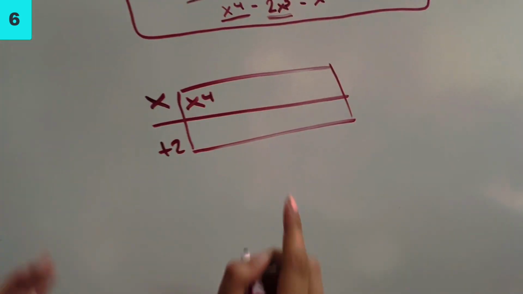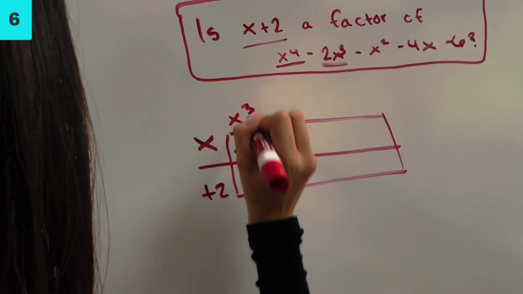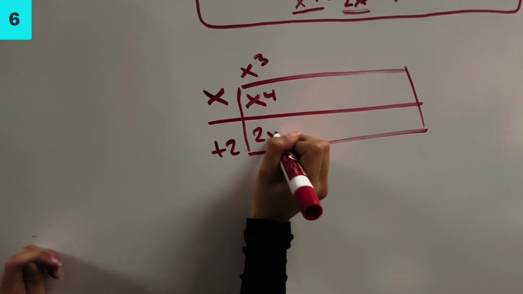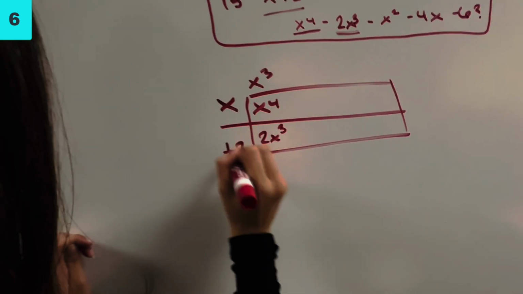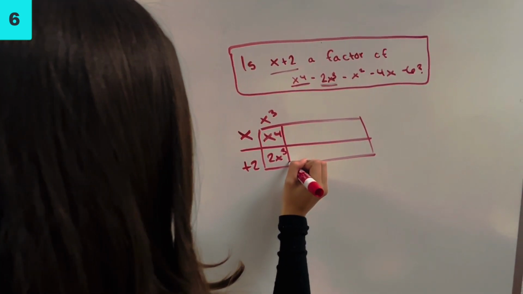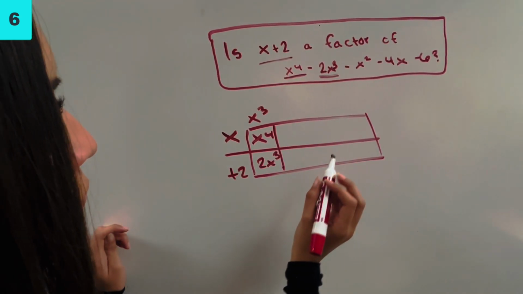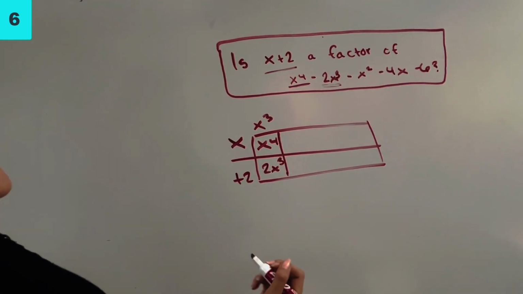What you need to get that is x to the power of 3. Then for the bottom, it will be 2x to the 3rd.